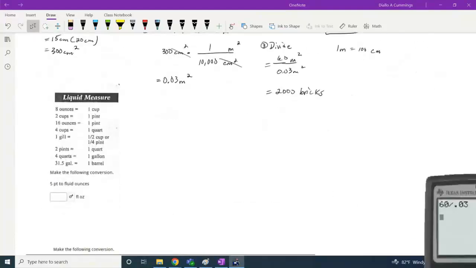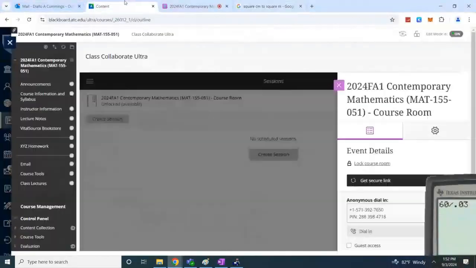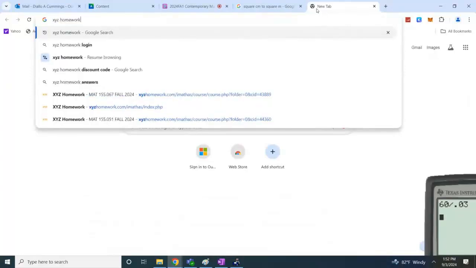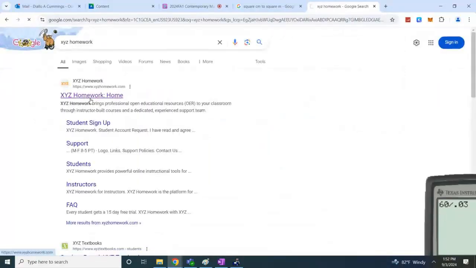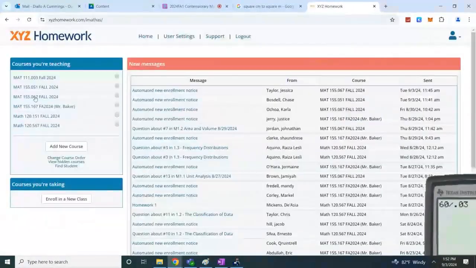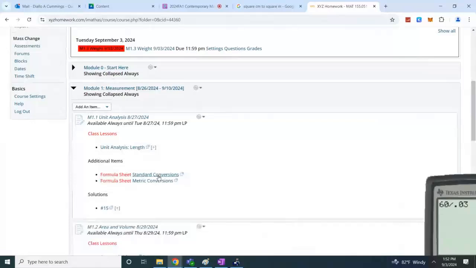All right, now also in section 1.2, what I did here was I had taken the formula sheet, just to show where I'm pulling this from. In the XYZ homework, in the very first section of module 1, there were a couple of handouts.